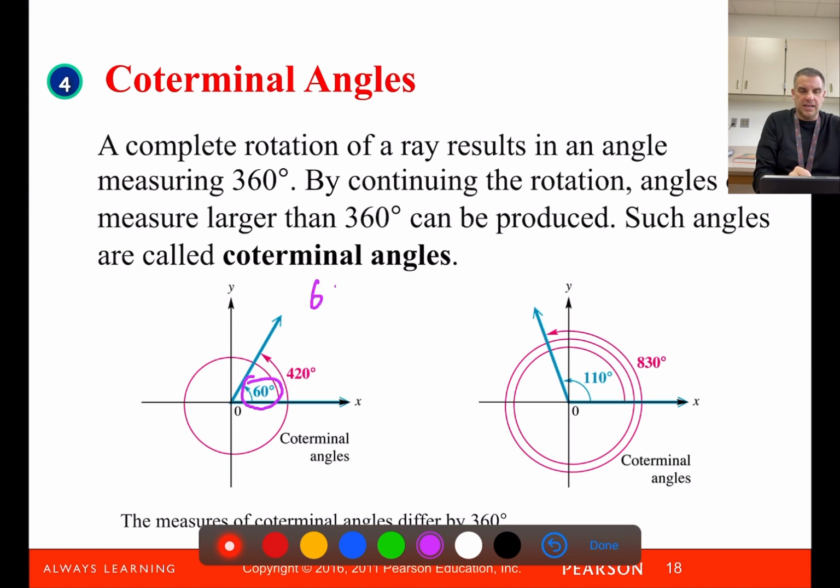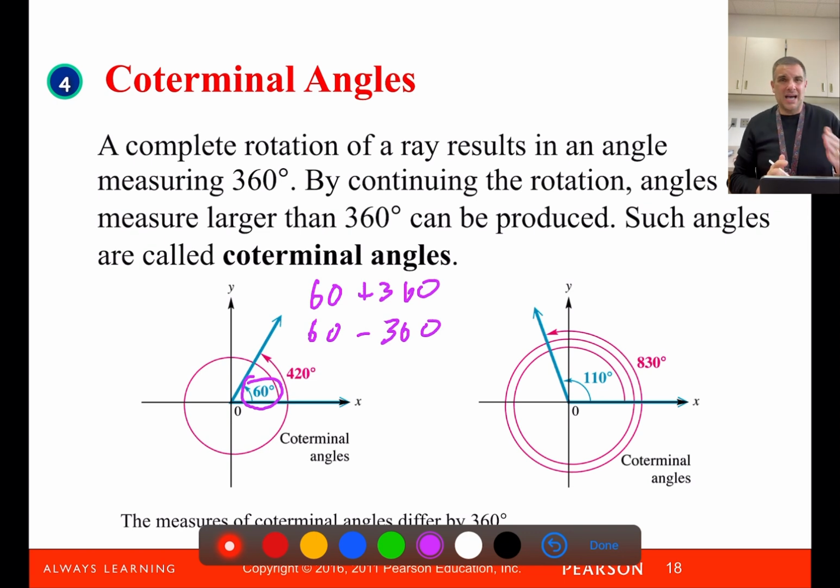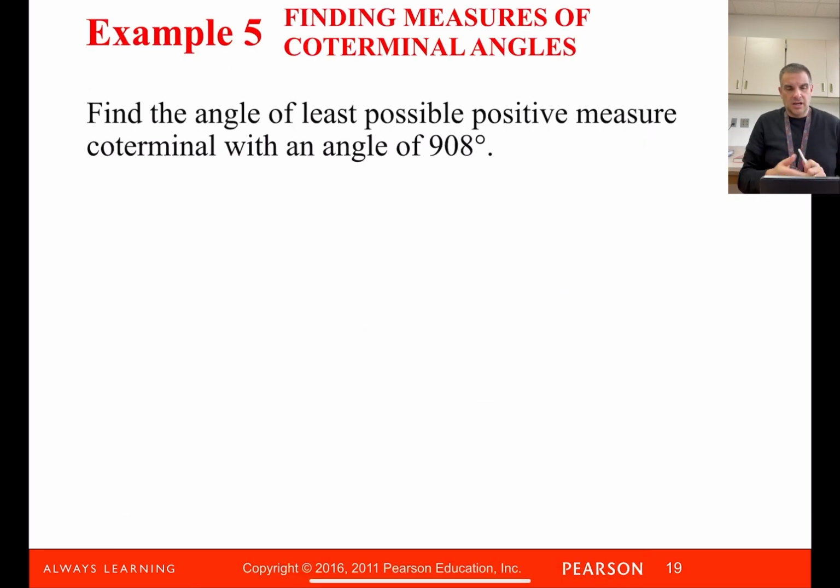If you have a 60-degree angle, a coterminal angle to that, you're going to either add 360 degrees or subtract 360 degrees, because you start here and rotate 360 degrees, and it ends in the same spot. Or you go the other direction and it ends in the same spot. That's what coterminal means: they have the same terminal side.